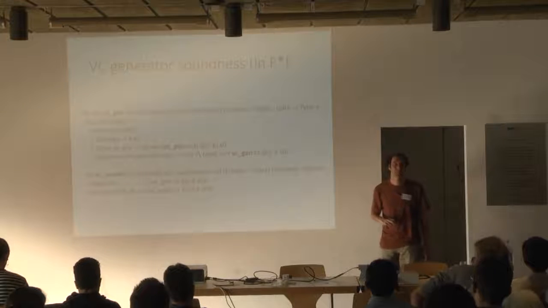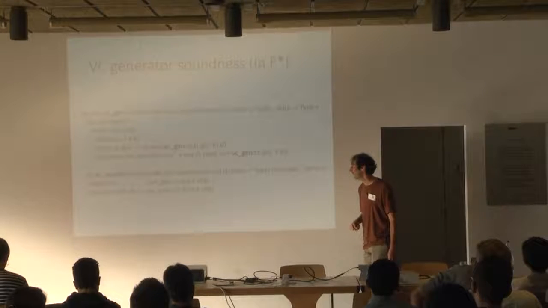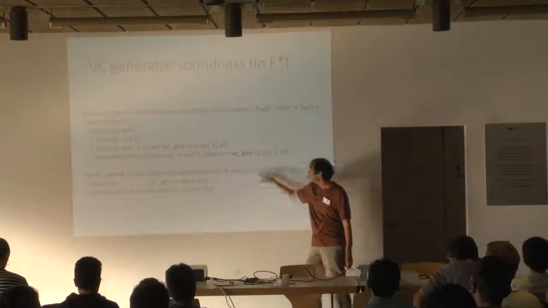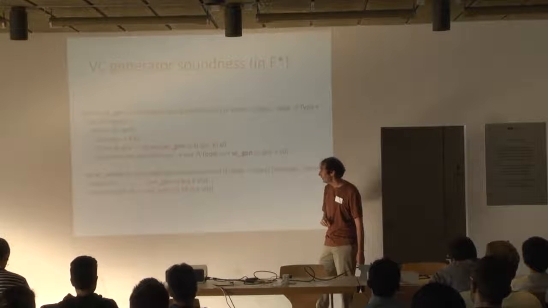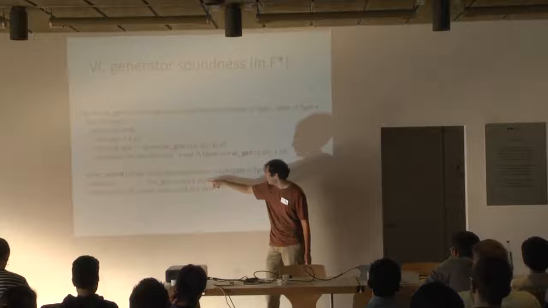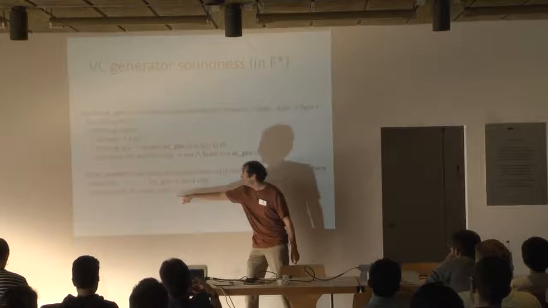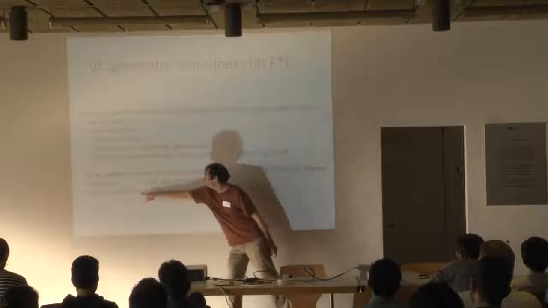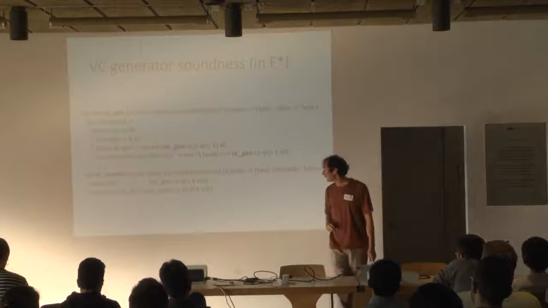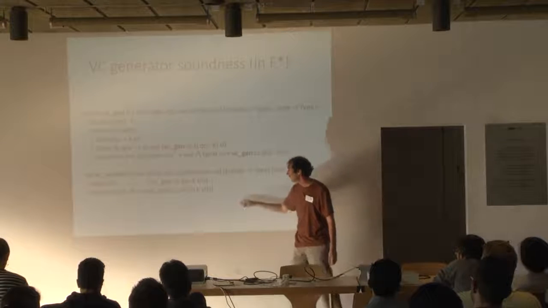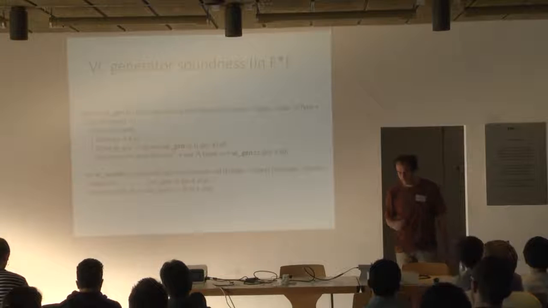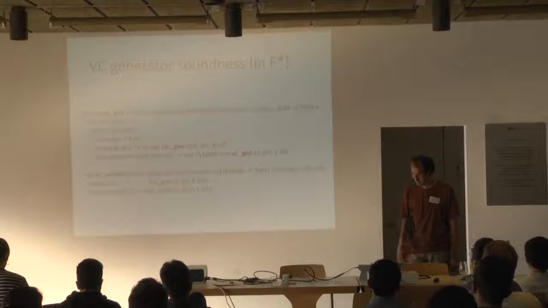If you manage to do that, we will guarantee that whatever predicate you want to be true at the end of the execution is actually true. So if you start in state S0 and S0 evaluates to some final state S1, then this final predicate here, which will be our postcondition, will actually hold on the final state. That's the guarantee made by this soundness lemma.